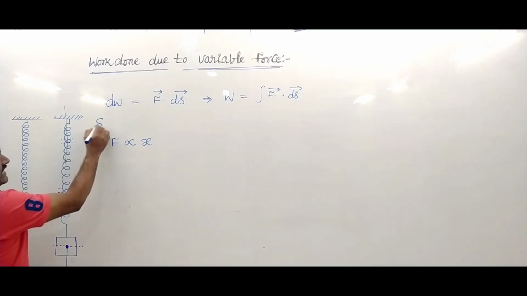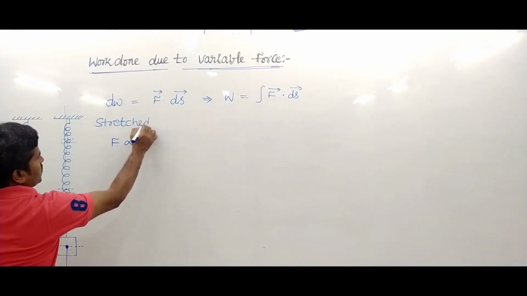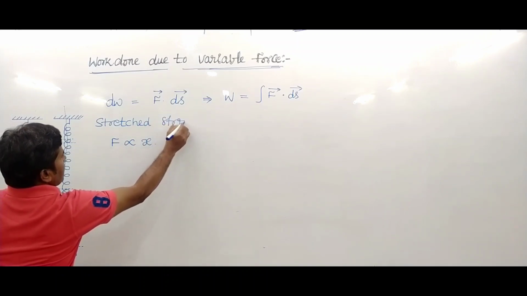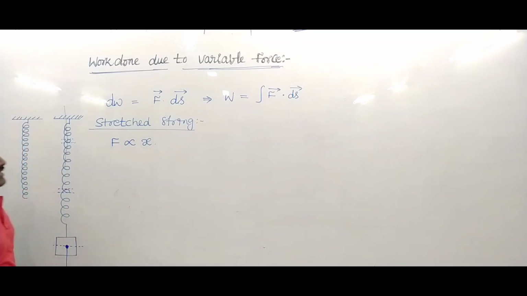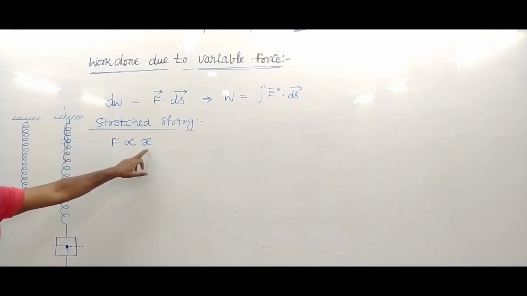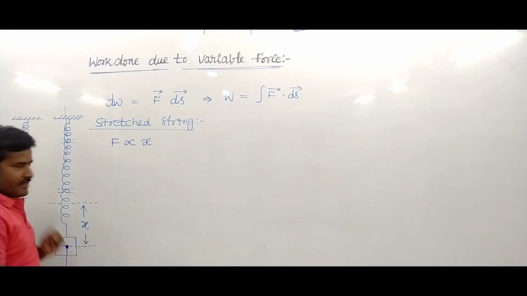So this is a stretched spring. What is the condition in this case? Work done in a stretched spring. Force is variable. Suppose x is the displacement due to this load.